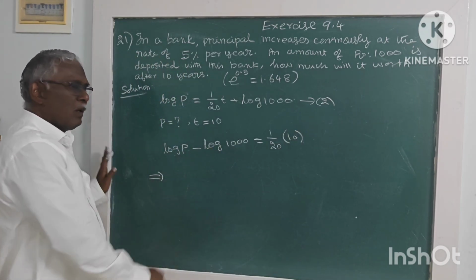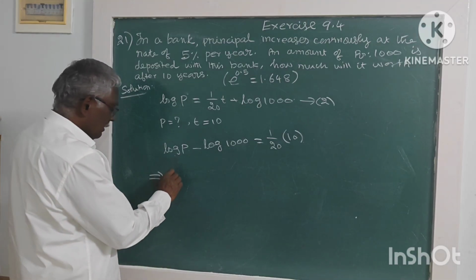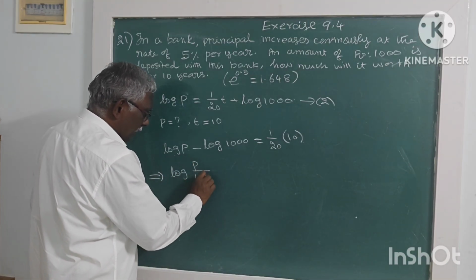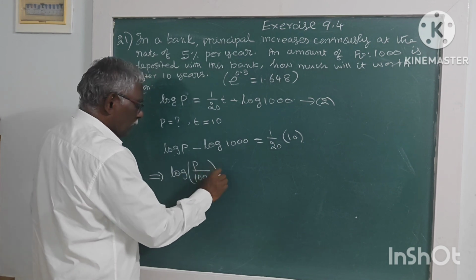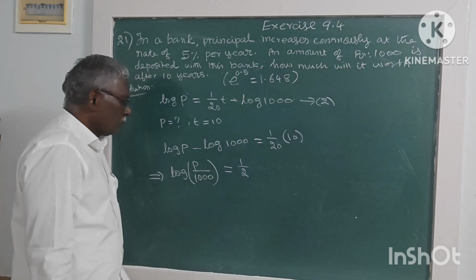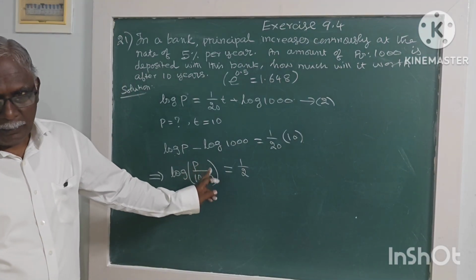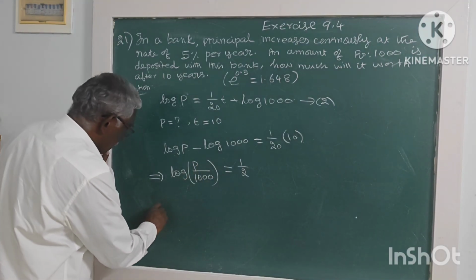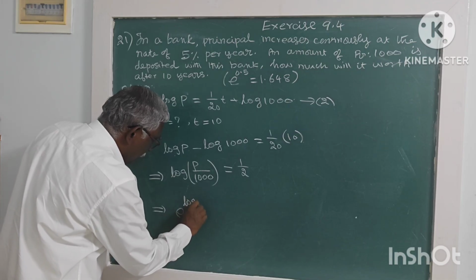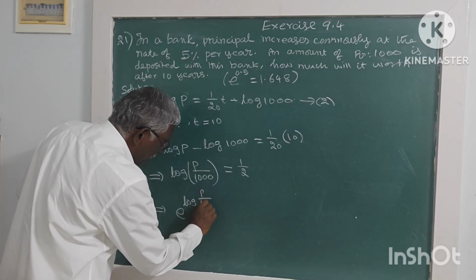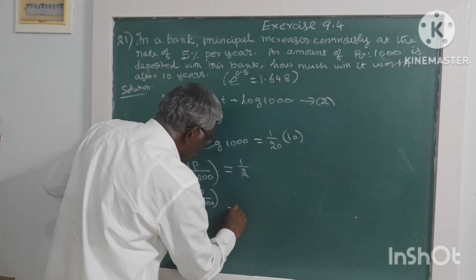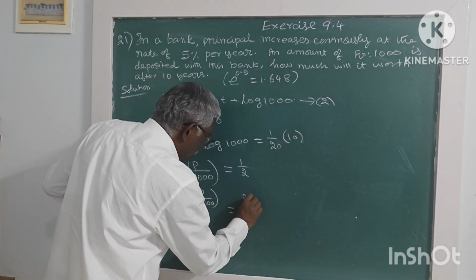Log M minus log N is log M by N. So log of P by 1000 is equal to 1 by 2. We have to find the value of P. For that we have to rewrite this as e power log of P by 1000 is equal to e power 0.5.